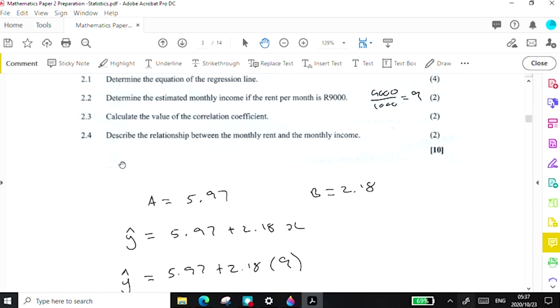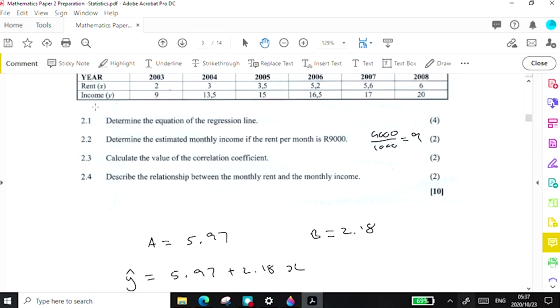And for 2.4, we want to describe the relationship between the monthly rent and the monthly income. So we want to find the relationship between these two values, the X and the Y value.